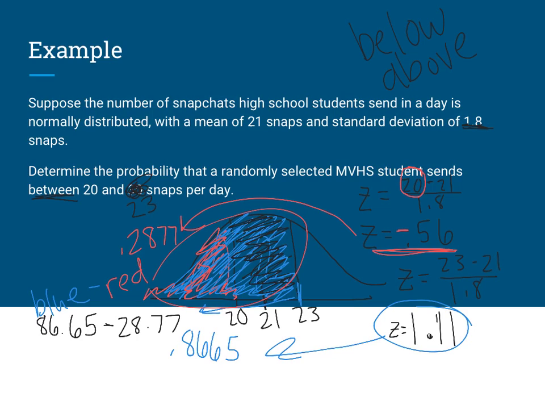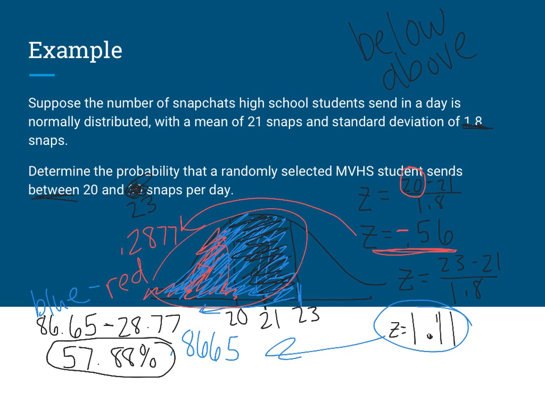If you take your calculator and subtract those, 86.65 minus 28.77, you get 57.88%. And that would be your final answer.